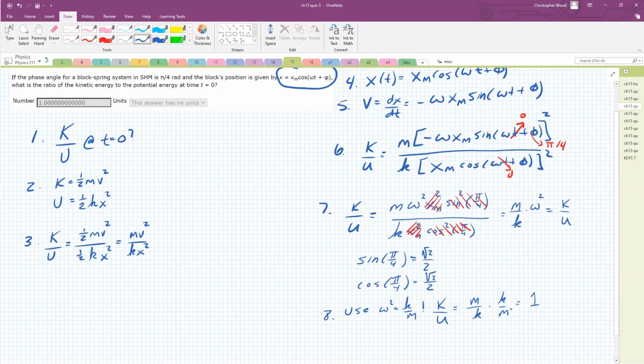So kind of anticlimactic, but it's a good chance to talk about phase shift more than anything. And it reminds us there's still such a thing as kinetic energy and potential energy in simple harmonic motion. So that's a good reminder.